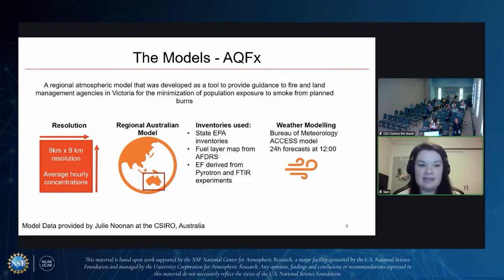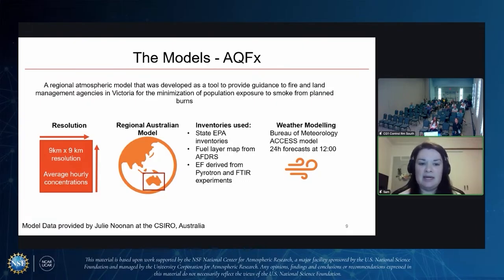The model gave a 9 kilometre by 9 kilometre resolution with averaged hourly concentrations. It's only been developed to model Australia, specifically the southeast coast. So it's a highly regional model, and it was developed to model smoke plumes, particularly for planned burns in the region, so that the government could get an idea of where the plumes would head and what sort of warnings they would need to give to people nearby.